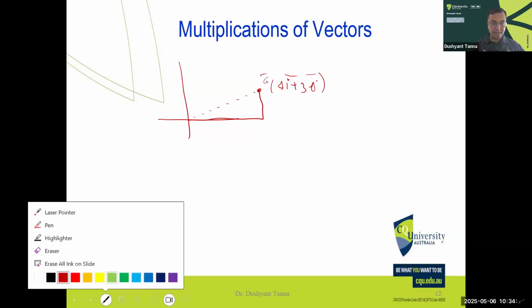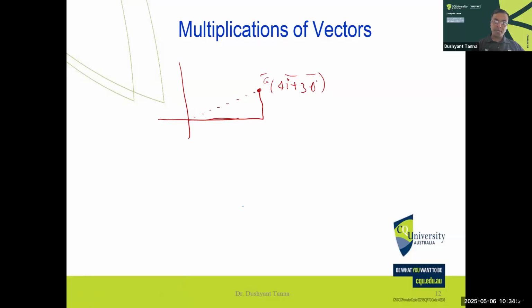Again, let me change pen color, bring it to blue. So somewhere here, that could form a 90 degrees. So you can say vector D is perpendicular to it, or vector minus D is also perpendicular.